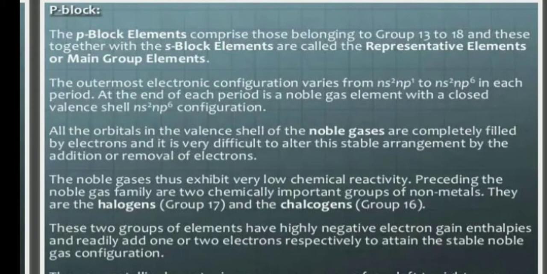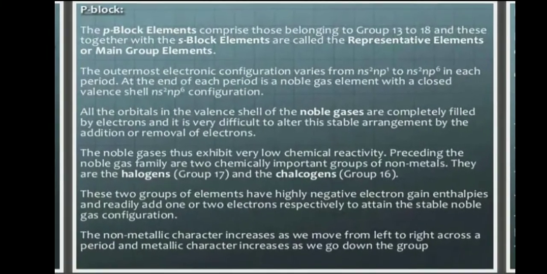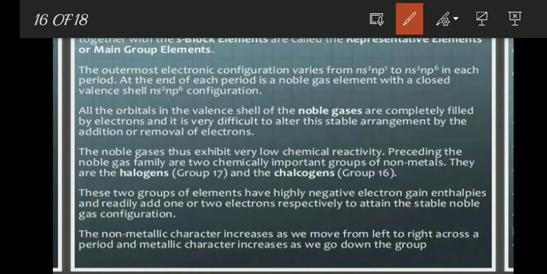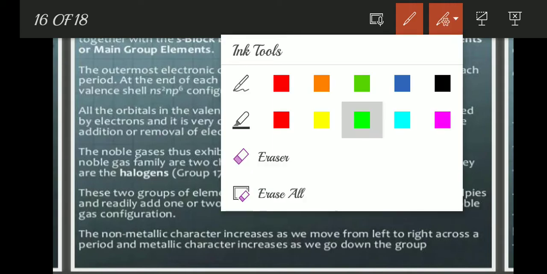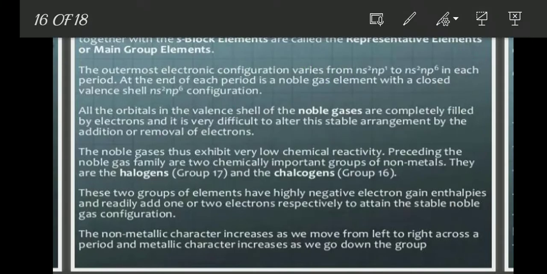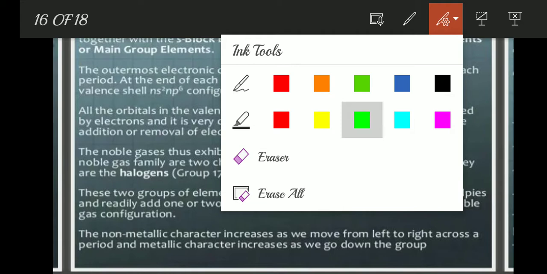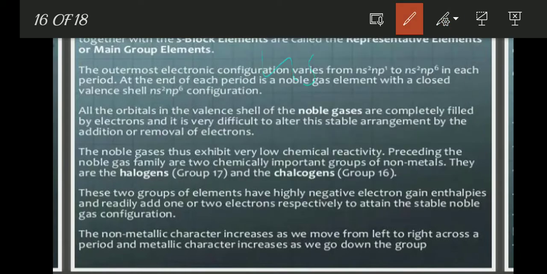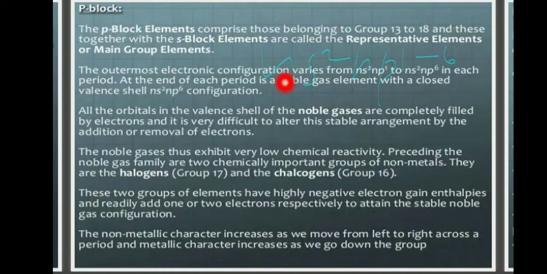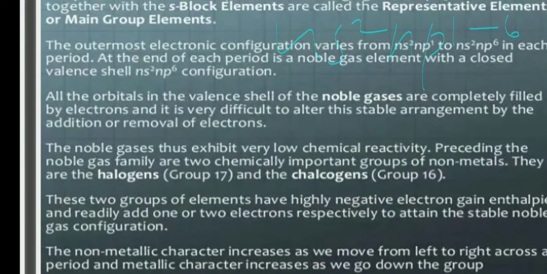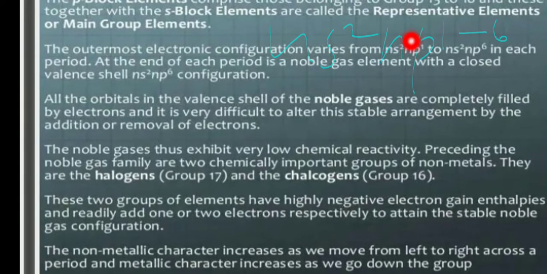Therefore, the general electronic configuration of p block elements is ns2 np1 to 6 in each period.